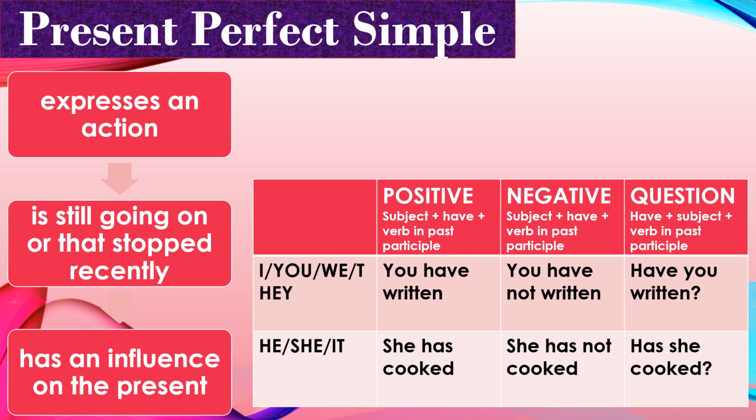For example, you have not written or she has not cooked. For the question form, we must use have plus subject plus verb in past participle. Have you written? Has she cooked?